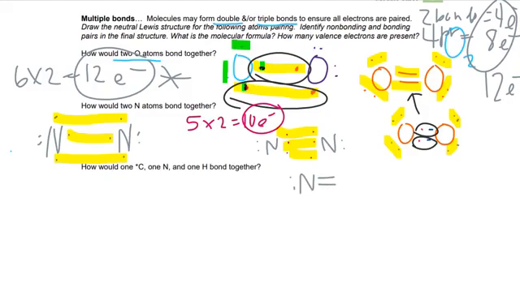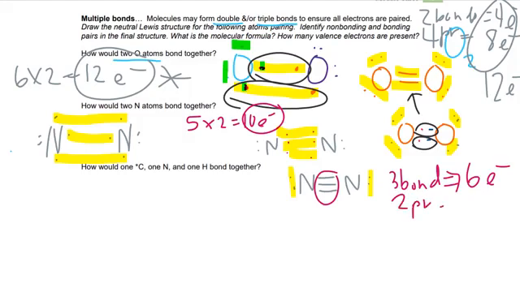N triple bond N with lone pairs. So if we look at counting all of the bonds, we have 3 bonds, which accounts for 6 electrons, and then we have our 2 lone pairs, which is 4 electrons. So 6 plus 4, we've got 10 electrons.